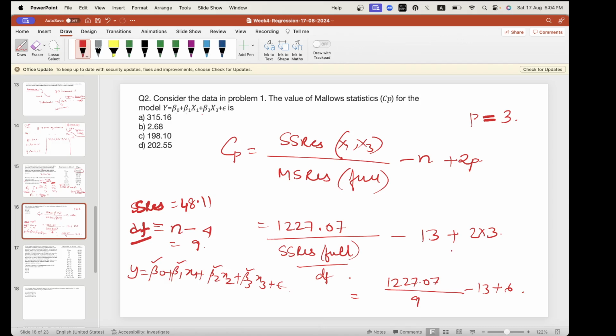So this would be 1227.07 divided by 9, minus 13 plus 6. It is 129.34. I don't know why this option is not given here.